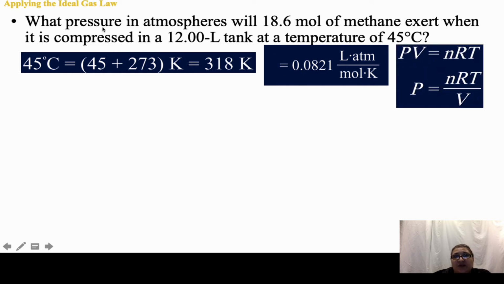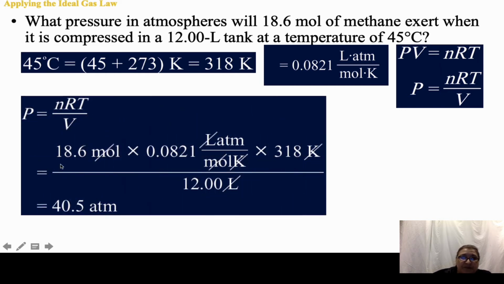Now to solve, they want pressure, so we divide both sides by the volume. So nRT over volume equals the pressure. We know moles, which is 18.6. We know R, which is 0.0821. And we know the temperature, 318. And we know the volume is 12.